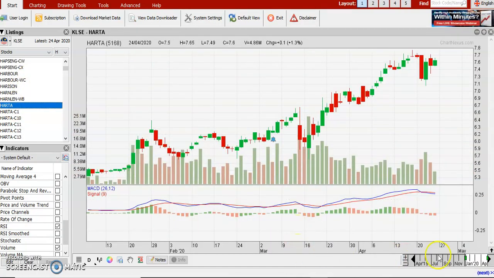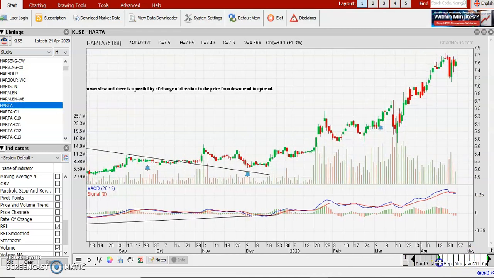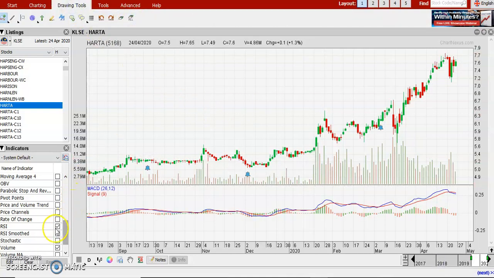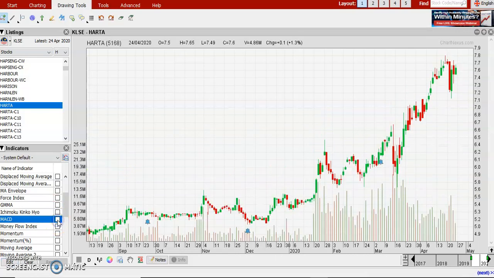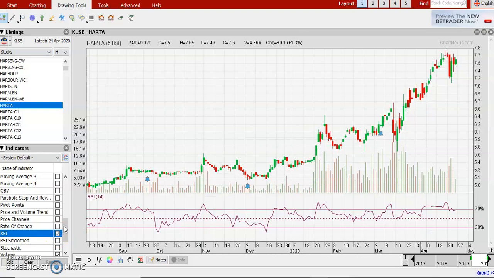Okay, so this Harta is showing an uptrend. Okay, we delete first. Okay, so in this example, I use Harta stocks.